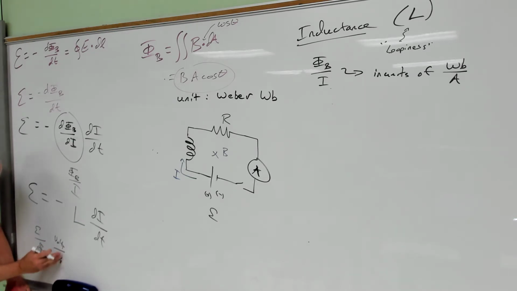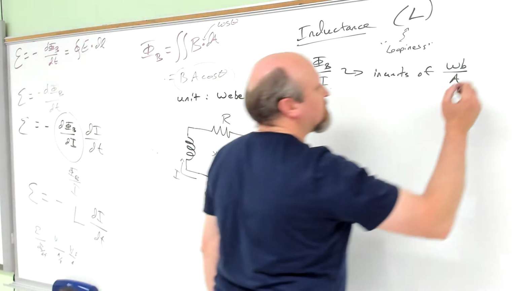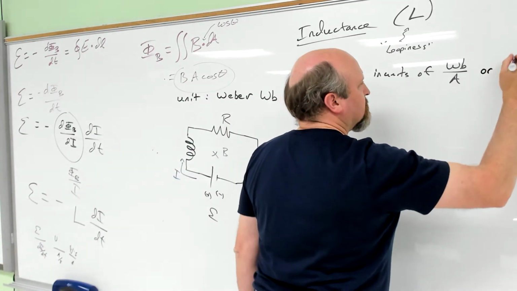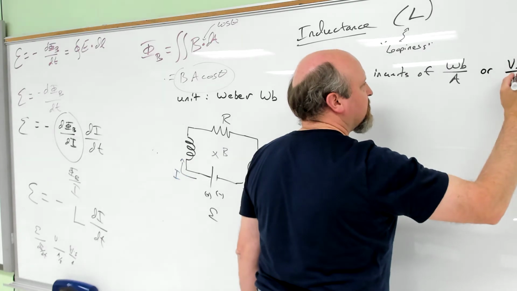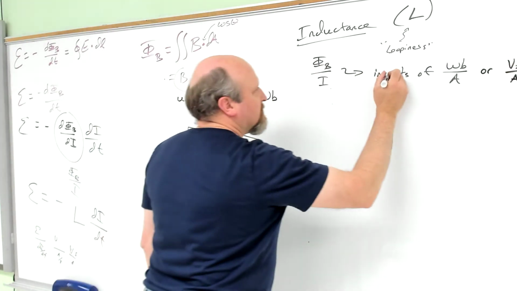So divided by a fraction, that'll be in units of volts seconds per amp. That's a V, that's volts. I'm not putting serifs on it because it's a unit abbreviation, not the variable. Anyway, so volts seconds per amp is actually the unit you usually see inductance in. Okay, that's the units for inductance.